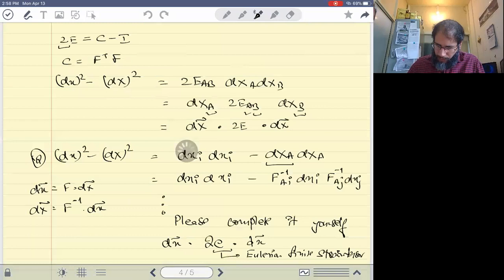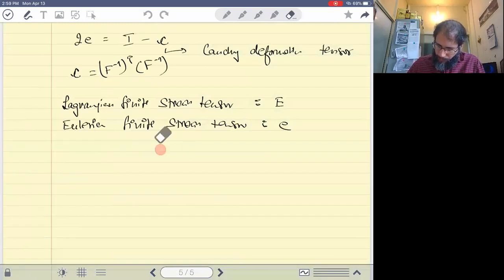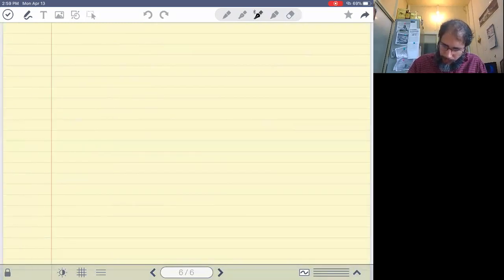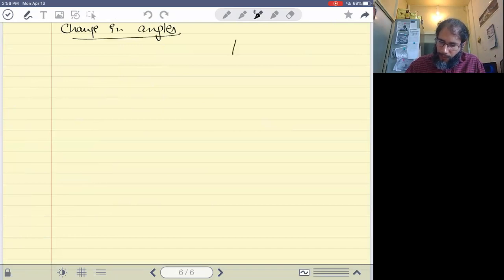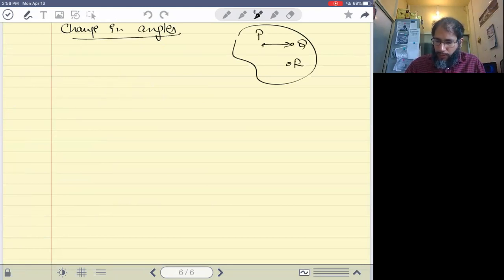Let's start from a new page. So what we do is we take 3 points, P, Q, and R, and we draw two vectors. One is dX superscript 1, and the other one is dX superscript 2.